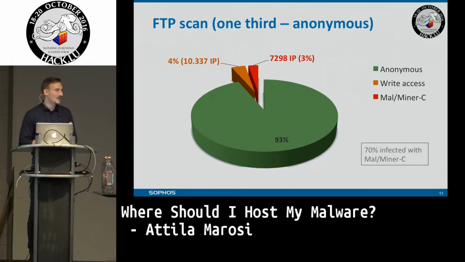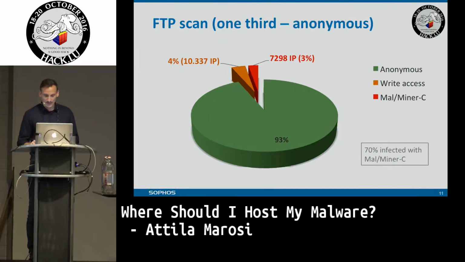70% were already infected with one threat, malware C. And the average of the full infection is roughly 90%. So that means that if you offer an IP with an FTP service with the ability to write for anyone, it will be written to, and it will be used to host some malware stuff, backdoors or trojans.